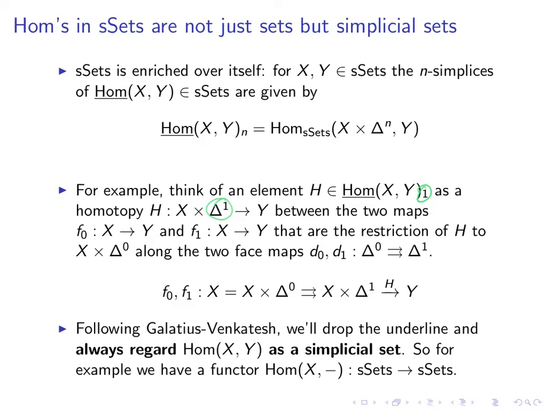And then following Galatius and Venkatesh, we'll drop the underline on the Hom, and so always regard Hom(X, Y) as a simplicial set. And so for example, this gives us a functor Hom(X, -) from simplicial sets to simplicial sets. This will be an example of a representable functor, essentially.